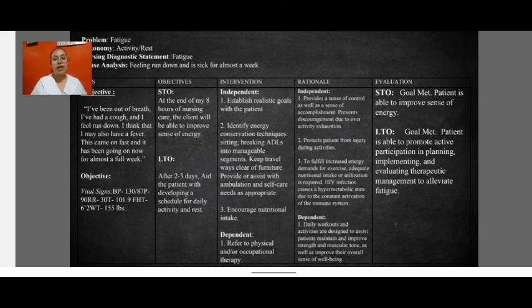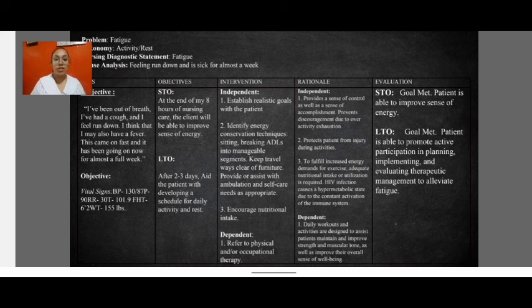This includes daily workouts and activities designed to assist patients to maintain and improve strength and muscular tone, as well as improve their overall sense of well-being.